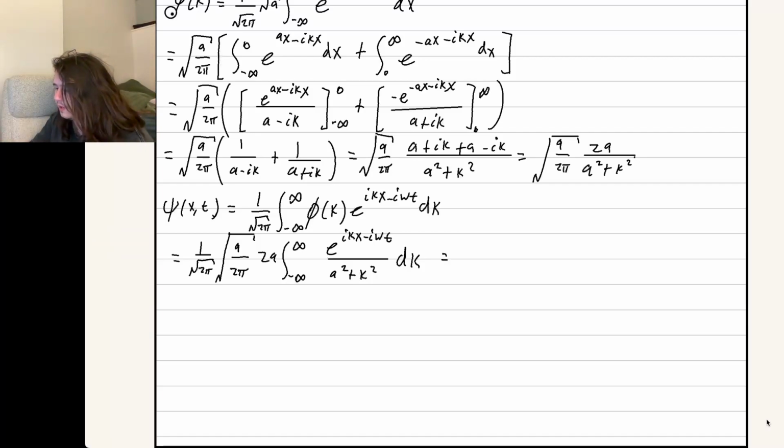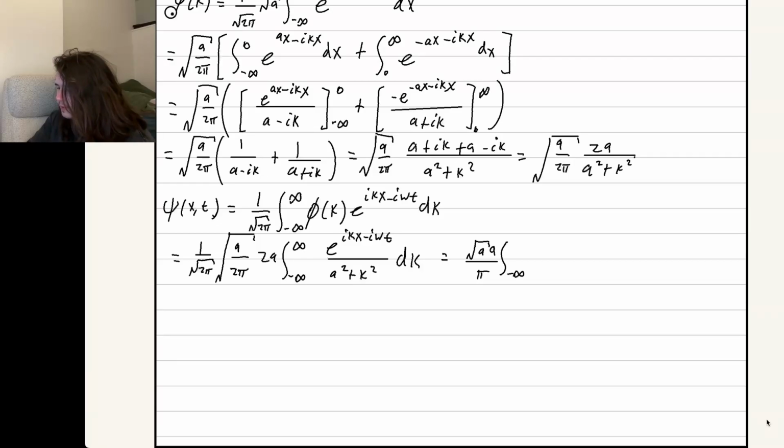So all I'm really going to do is simplify this a bit, and actually that 2 will cancel out, so it'll just be root a over pi times the integral.